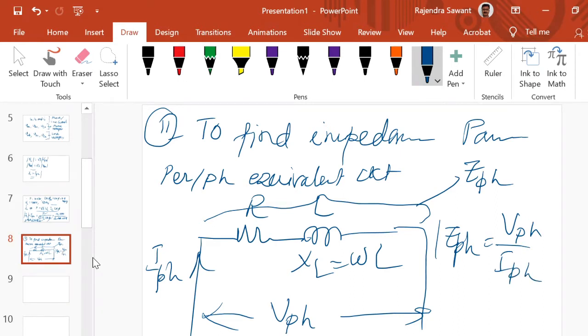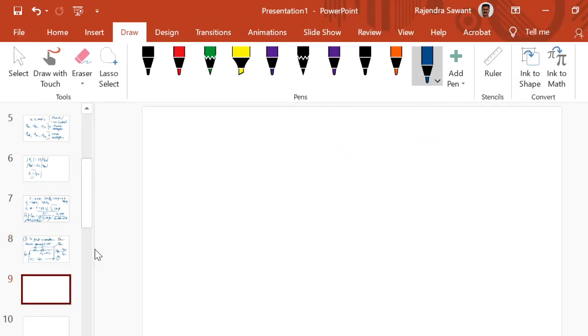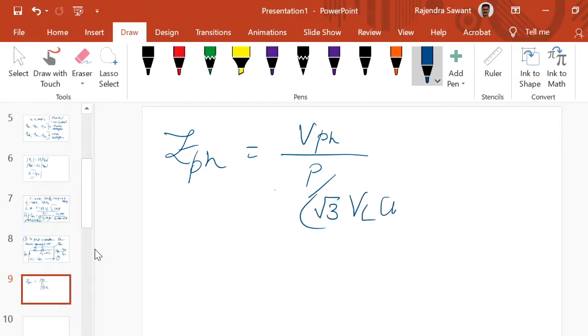And we have already studied what is IPH from the P. So let us find ZPH as equal to VPH upon IPH, where IPH and IL are the same. We found that this IL is equal to P upon root 3 VL cos phi, which we have studied. But what is VPH? VPH is basically VL upon root 3.